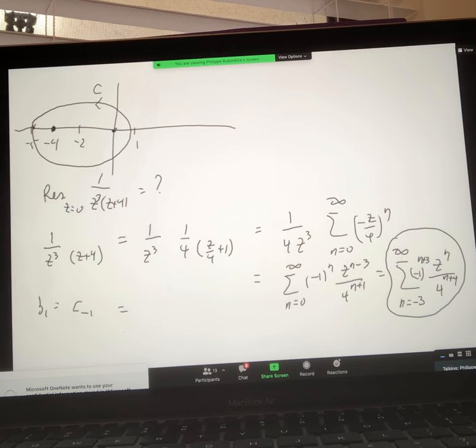I'm just going to write the coefficient, 1 over, so n equals negative 1, 4 cubed. That's 1 over 64. So the residue is 1 over 64. I'm going to keep that.